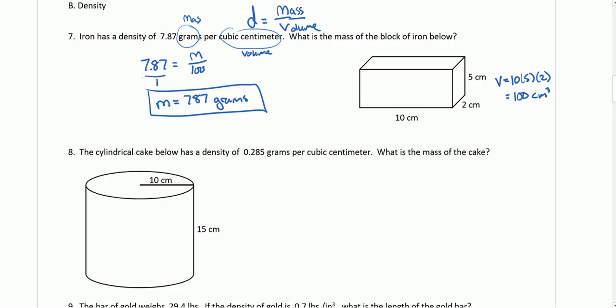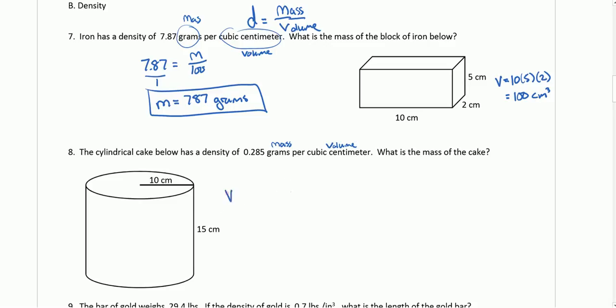Number 8, we've got a cylindrical cake below that has a density of 0.285 grams per cubic centimeter. So again, we see the mass is in grams, the volume is in cubic centimeters. What's the mass of the cake?